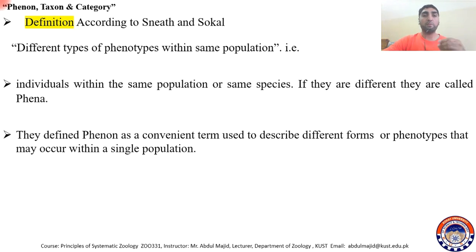For example, in a population of Homo sapiens, all Homo sapiens belong to one species, but morphologically there are a lot of differences, like eye color differences, and hair structure, like straight hair and curly hair. So their difference is there. There are many other differences among them. So for explanation of those different characteristics, the term phenon was used.